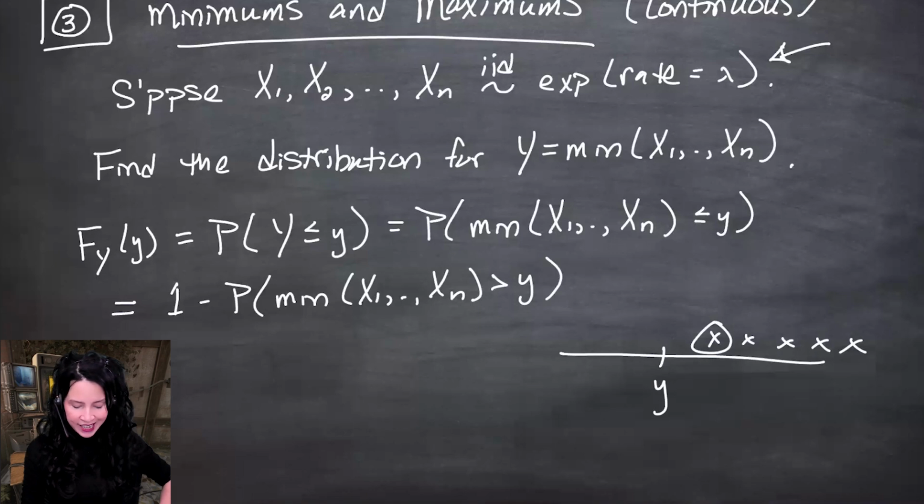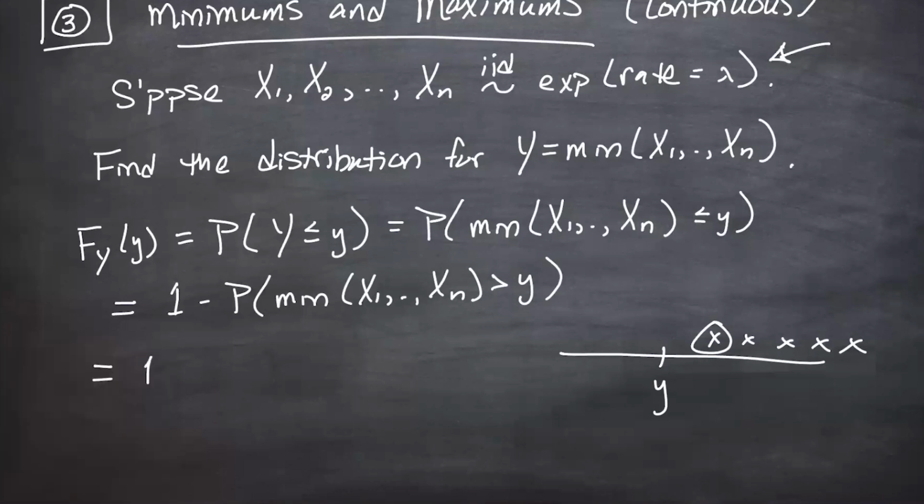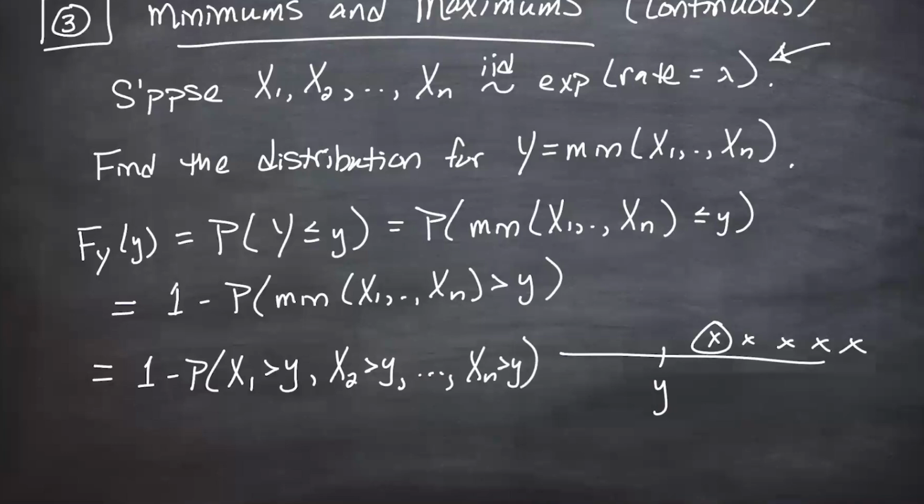So going back to the left side here, this is 1 minus the probability that x1 is greater than y, comma, which means and, x2 is greater than y, comma, out through xn is greater than y. In other words, I rewrote the minimum probability in terms of what's going on with individual x's, and that was much easier to do once I looked at the complement of this event.